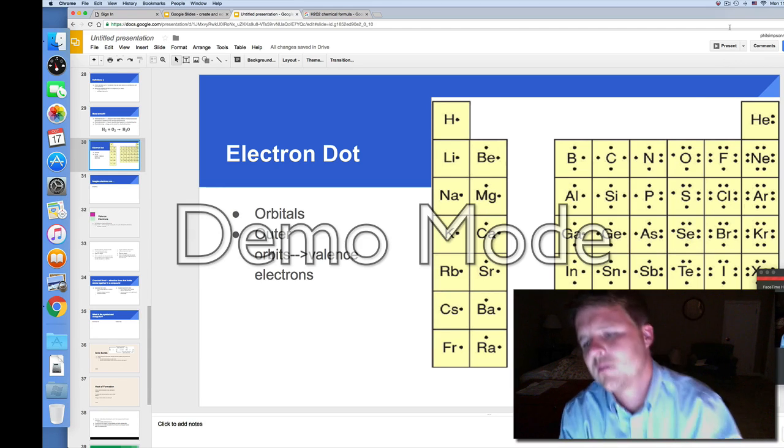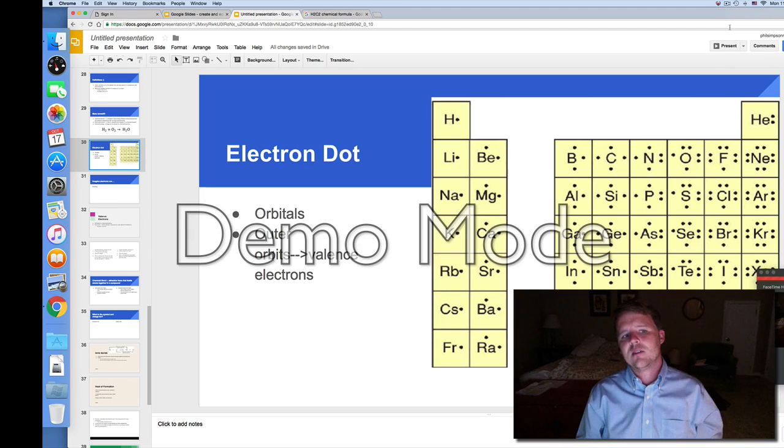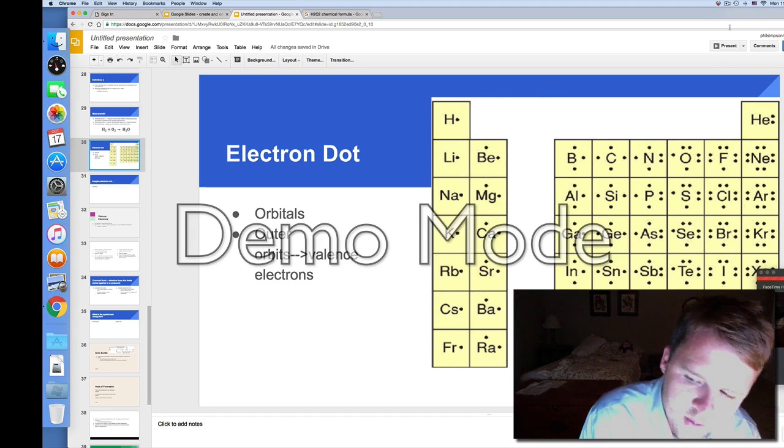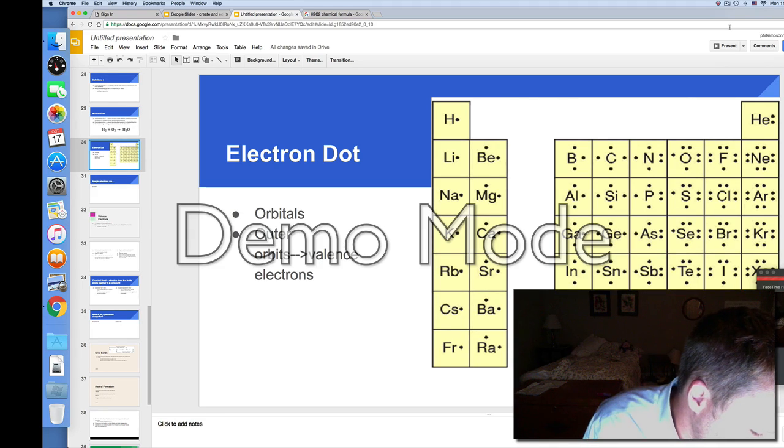So by filling or emptying your outer orbitals, that means you're trying to get to the octet. And an ion is formed when an atom of a representative element loses or gains electrons to satisfy the octet rule.